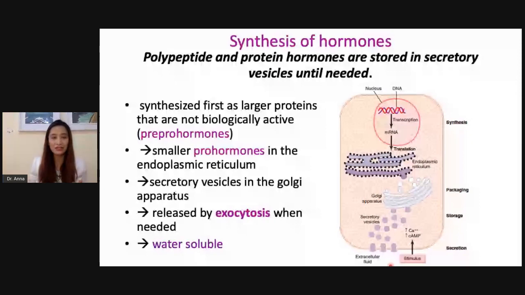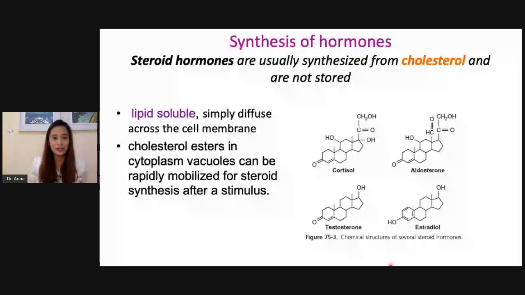Next is your steroid hormones. Your steroid hormones are usually synthesized from cholesterol and are not stored in the body in large amounts. And these are lipid-soluble hormones as opposed to your polypeptide and protein hormones, which are water-soluble.